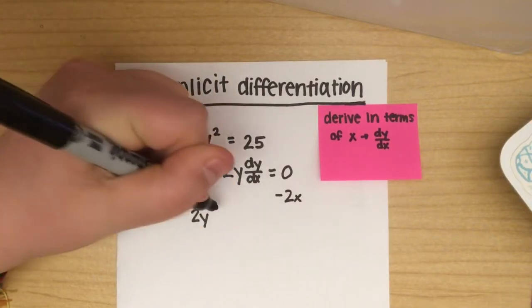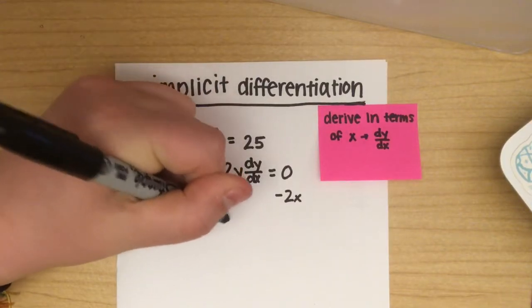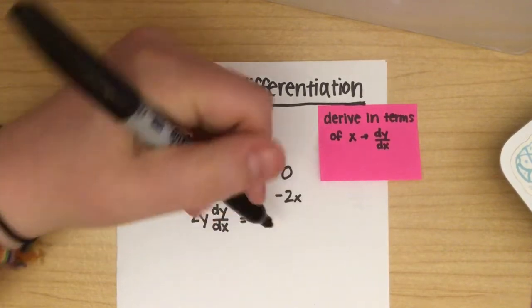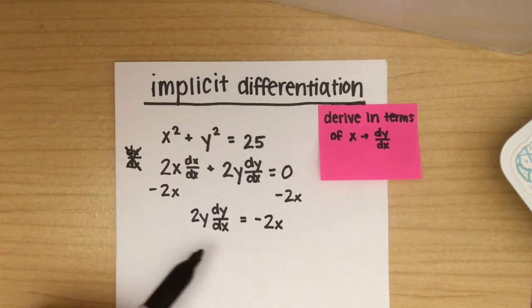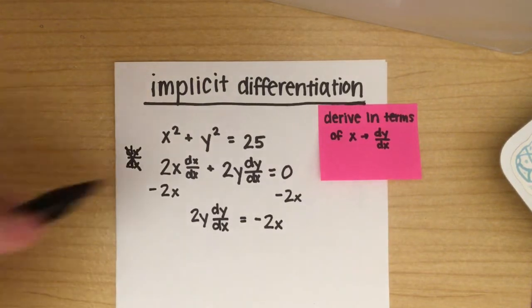So now you have 2y dy over dx equals negative 2x. And now you want to get dy dx alone, so it's the derivative.